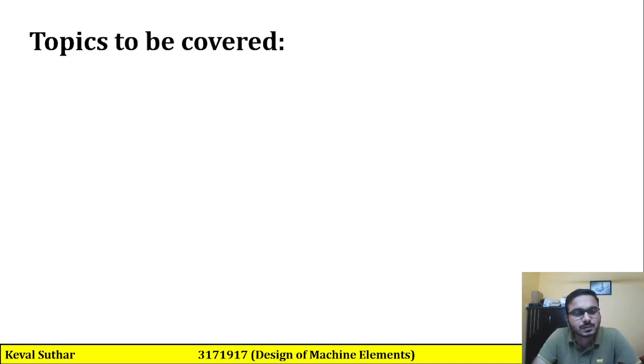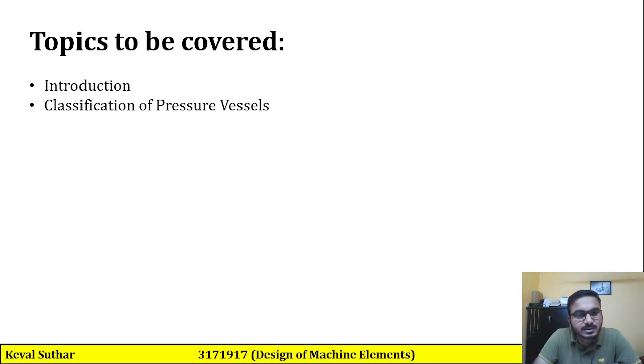So, first of all, we will see the topics that we are going to cover in this lecture series. First, we will be discussing the introduction to pressure vessels. Then we will see the classification of pressure vessels.